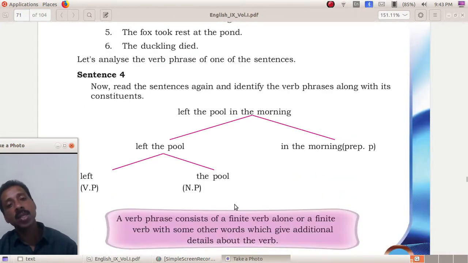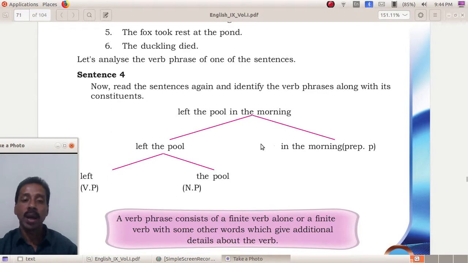So here it is to find out how to analyze a verb phrase. In the previous part we have seen how to analyze a noun phrase, and here it is to show you how to develop a verb phrase. So here the verb phrase given is: left the pool in the morning.